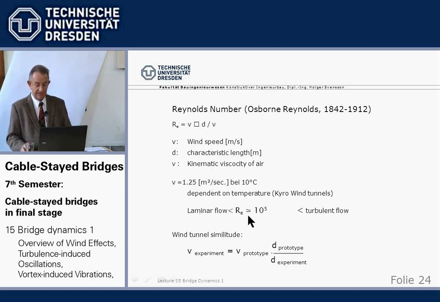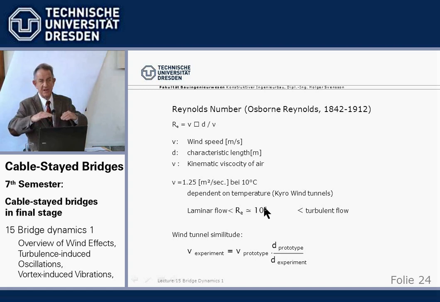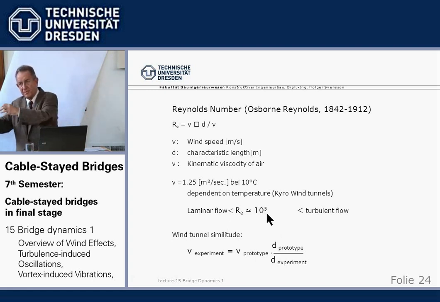The value of 10 to the power of 5 for the Reynolds number distinguishes whether we have laminar uniform flow, where all the air molecules flow in parallel, or above 10 to the power of 5, turbulent flow, where they all mix up together.